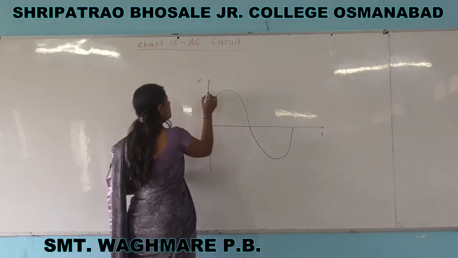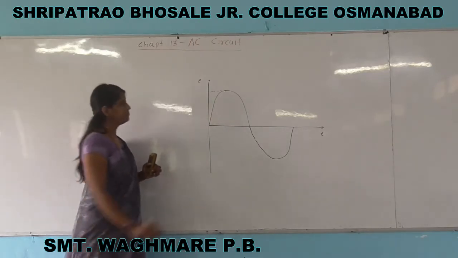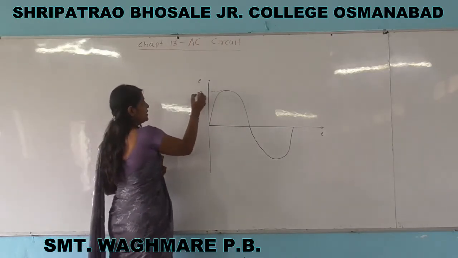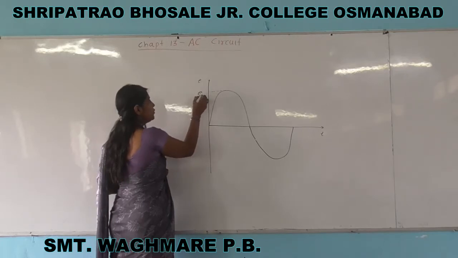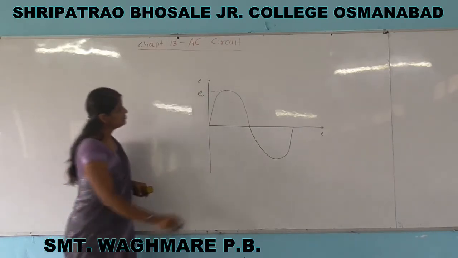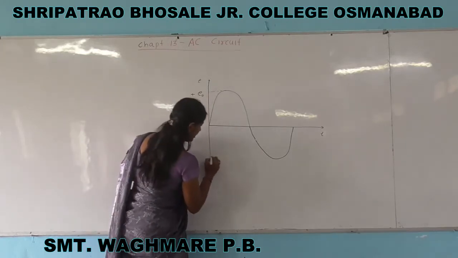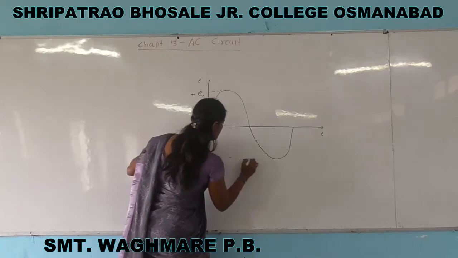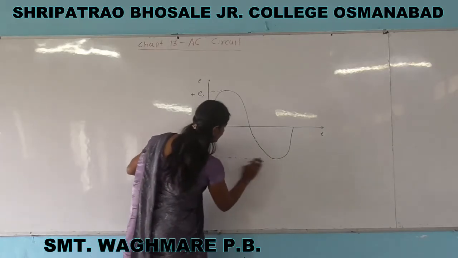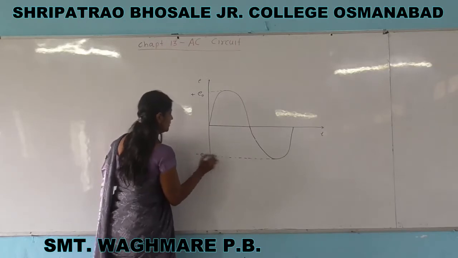This is the maximum value of EMF induced. That maximum value is called E naught. This is the positive E naught, and this is the maximum value in the negative region, that is minus E naught.